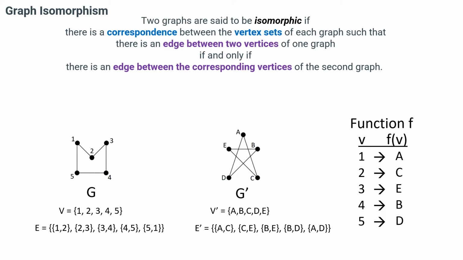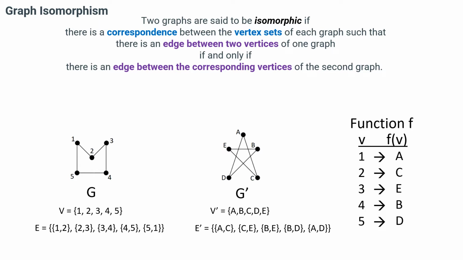So 1 corresponds to A, 2 corresponds to C, 3 to E, 4 to B, 5 to D. If that's the case, we want to check and see if this is a correspondence that would show us that these two graphs are isomorphic.